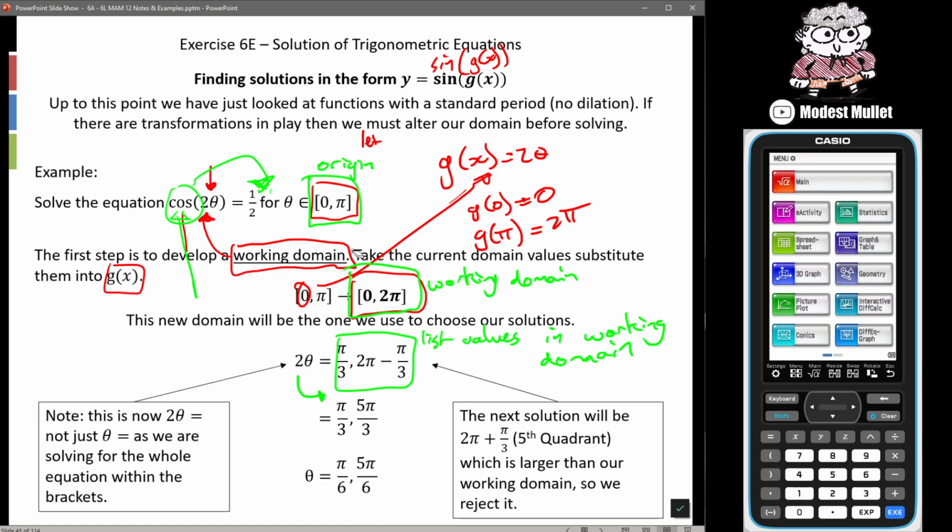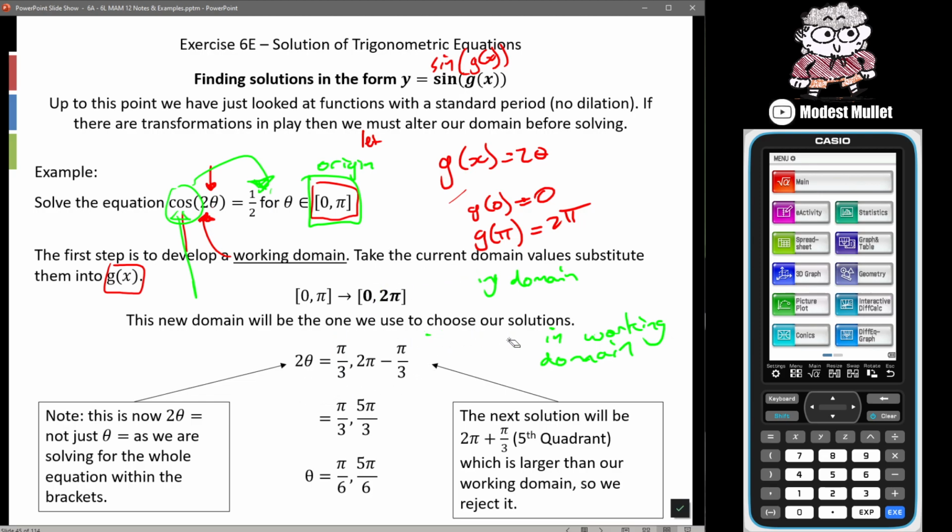So, I've got heaps of scribble here. I'm going to now get rid of a whole bunch of this. Actually, I'll leave that there and the working domain. So I had cos of 2 theta is equal to half. Well, this is asking cos of something needs to give me a horizontal component of half.